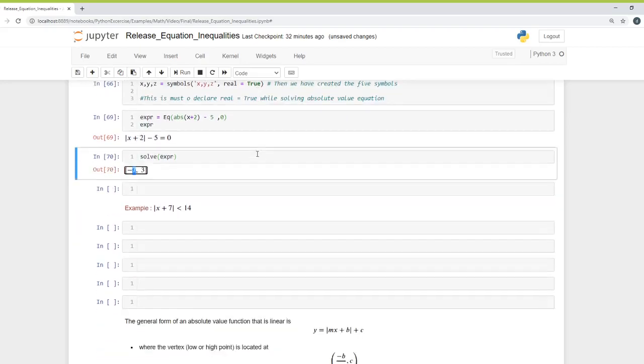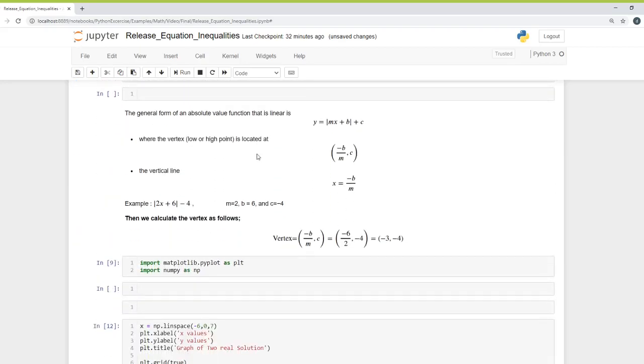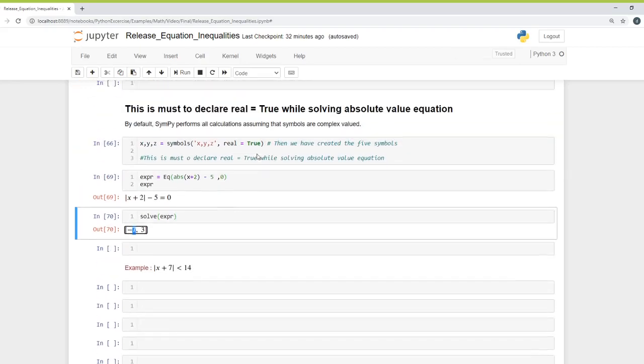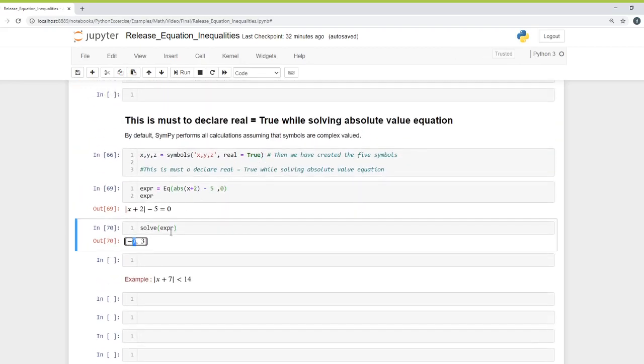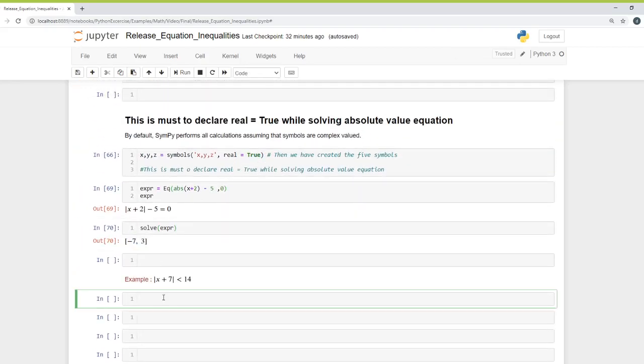Now let's check the absolute inequalities. For example, our equation is the absolute value of x plus 7 less than 14. Let's create this equation. Equation is equal to Abs of x plus 7, less than 14.